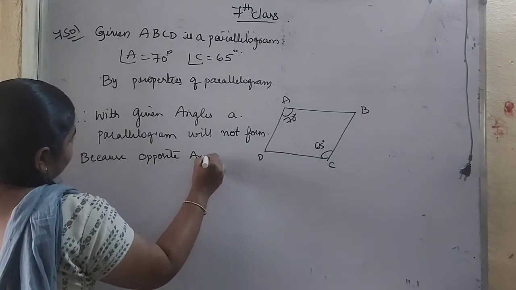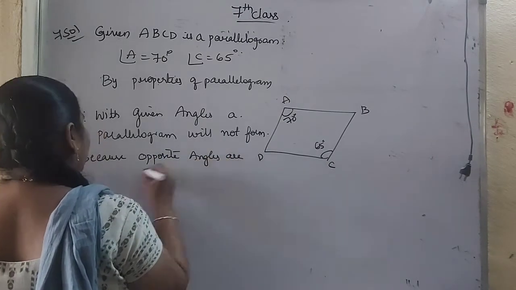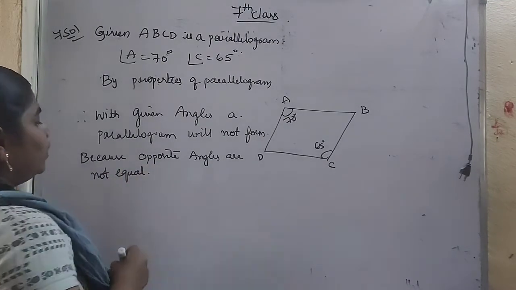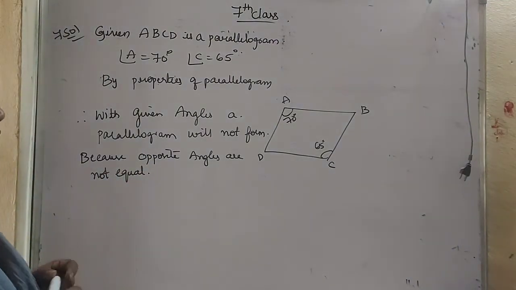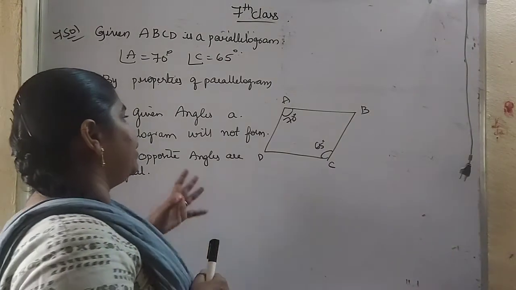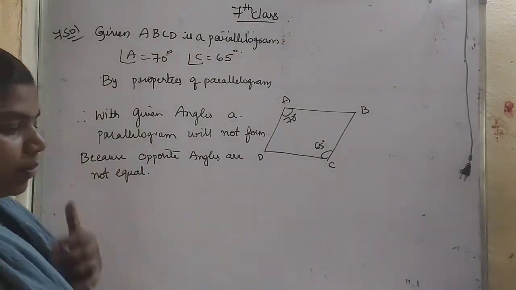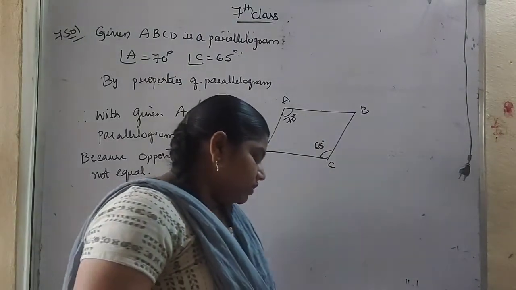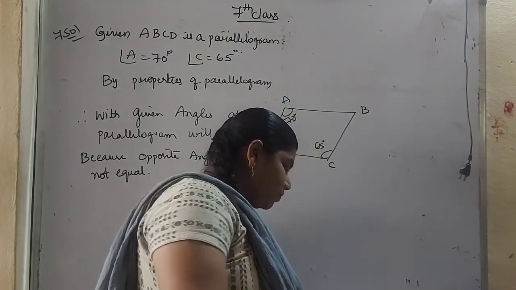Because the opposite angles are not equal, that's why it will not form a parallelogram. So in a parallelogram, opposite angles will always be equal. So this is the reason. Next is the 8th question.